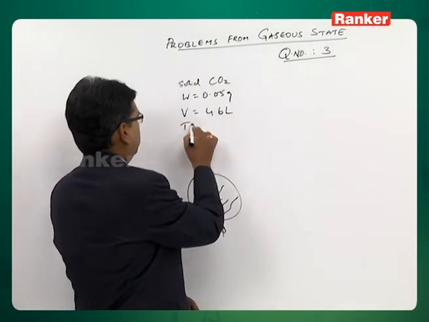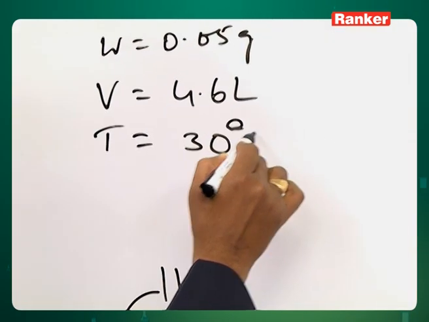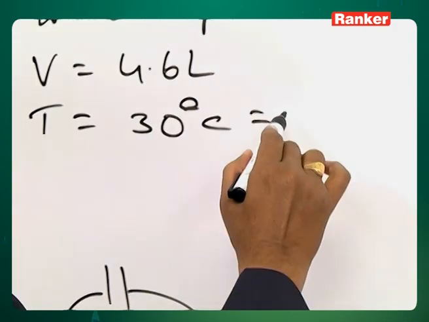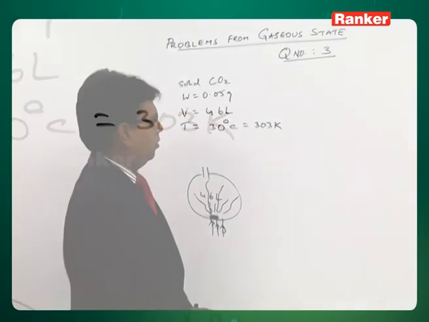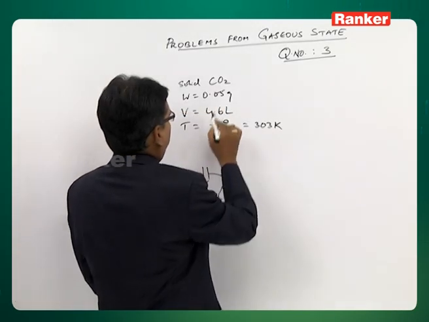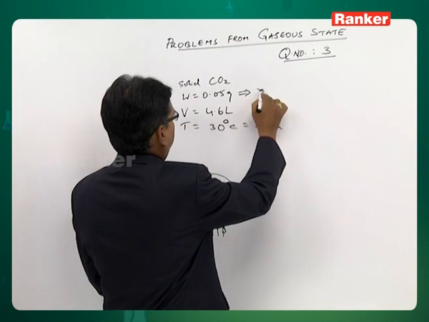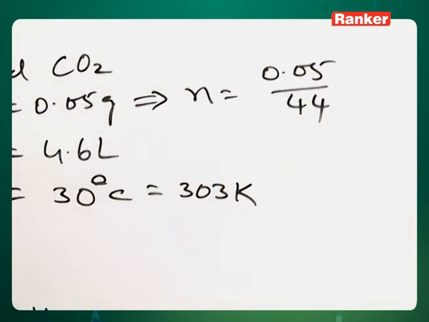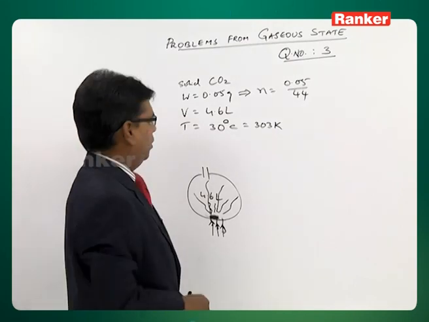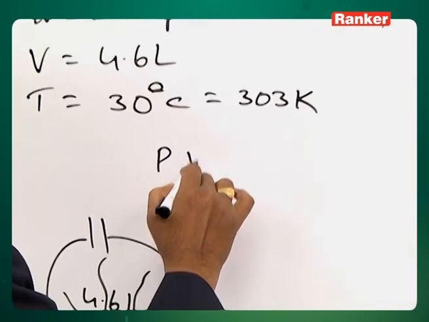Now, the temperature is 30 degrees Celsius, that is 303 Kelvin. Solid carbon dioxide weight is 0.05, so the number of moles is 0.05 by 44. Now you take PV equal to nRT.